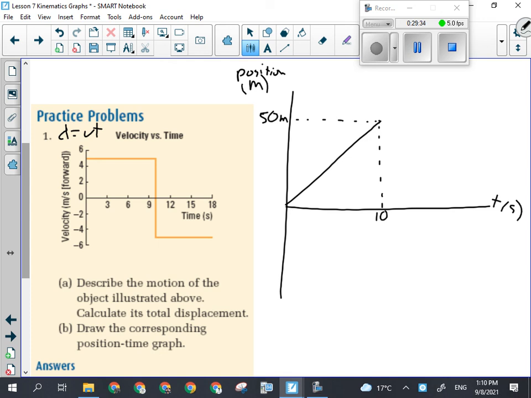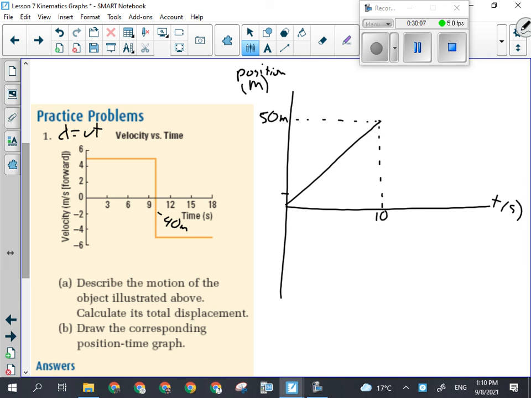Now, if it did exactly the opposite thing for the next 8 seconds, is it going to get all the way back? No, it's going to end up how short? How much is a little bit? Well, we don't want to guess. Can we calculate it? Okay, so it's going to go at -5 meters per second for 8 seconds, which means it's going to go 40 meters back.